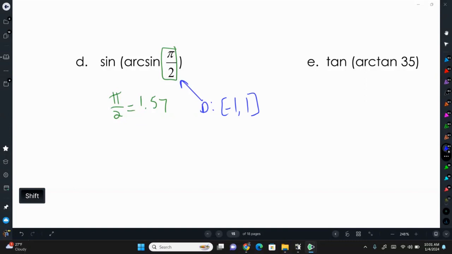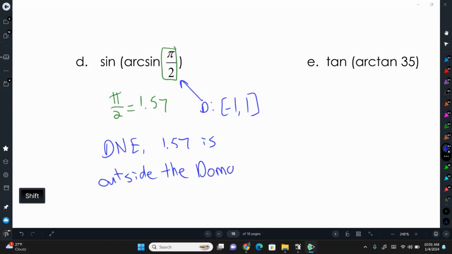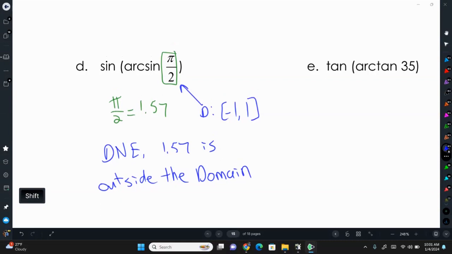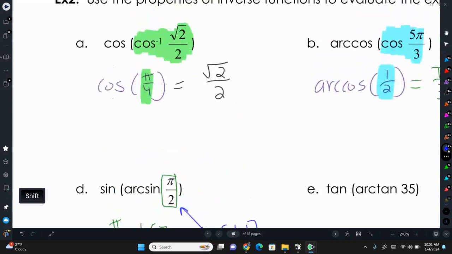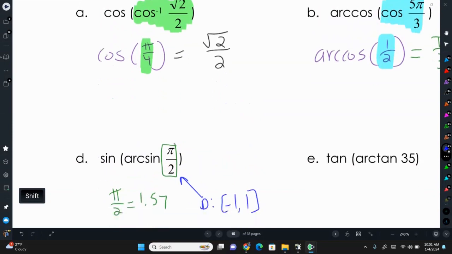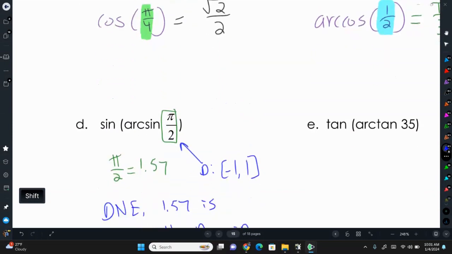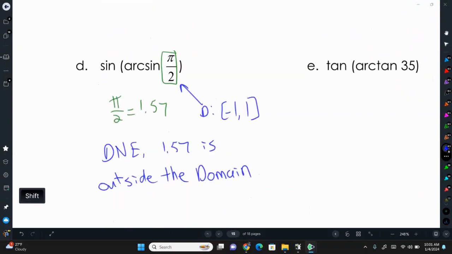So this does not exist. 1.7 is outside the domain. So that's why I'm suggesting at times that you don't want to always just cancel things, because if you're outside the domain, then you're going to get the wrong answer, like in letter D.